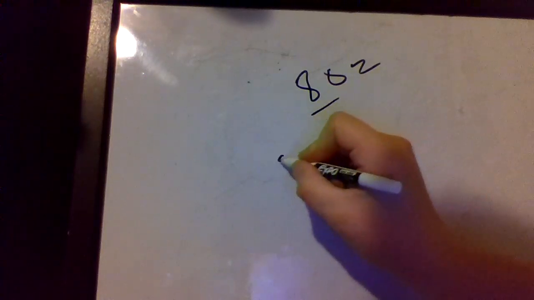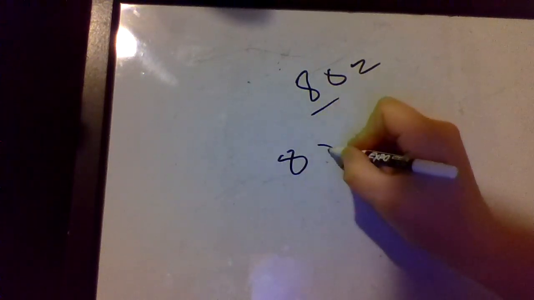So let's do one more of those, just so we can hammer it home. 802. So the 8 is in the hundreds place, so we've got 8 groups of 100.